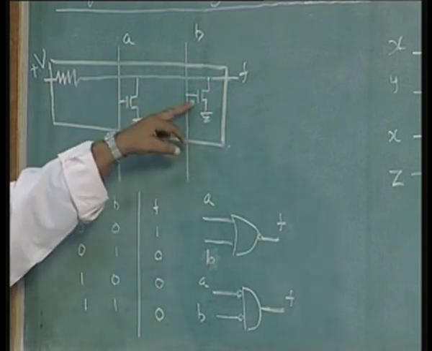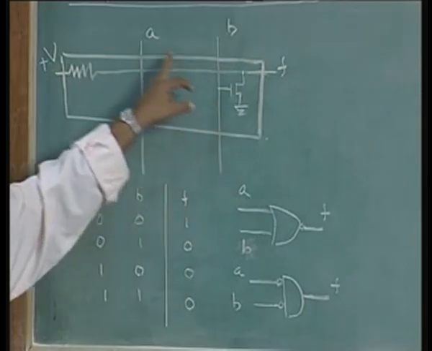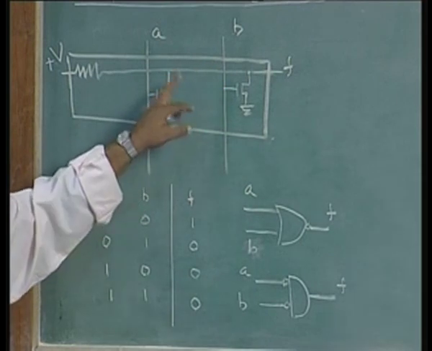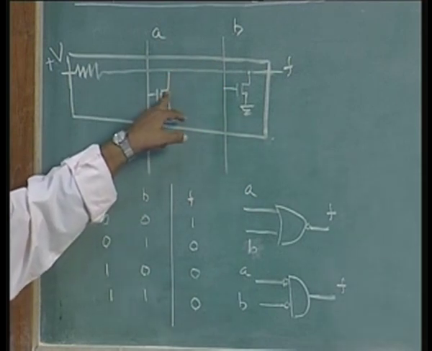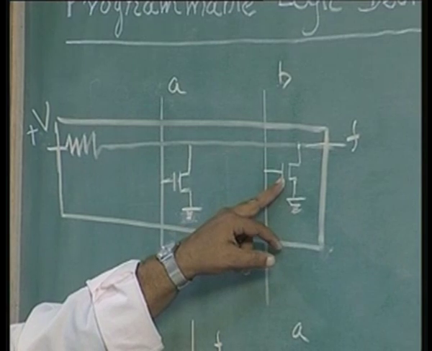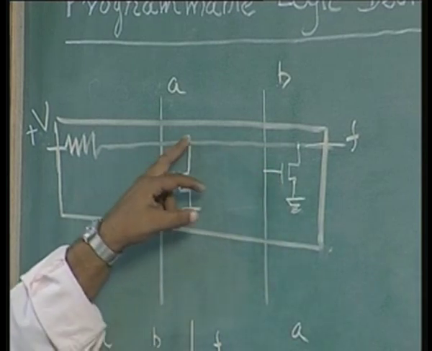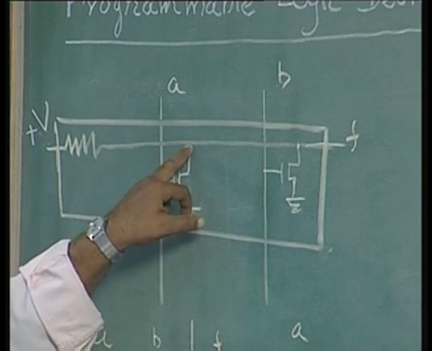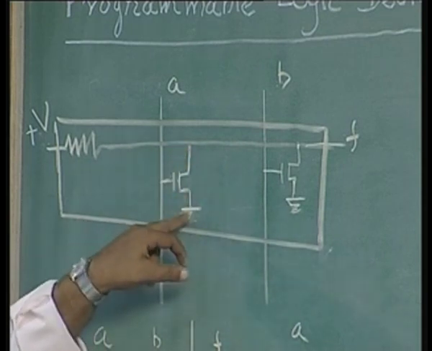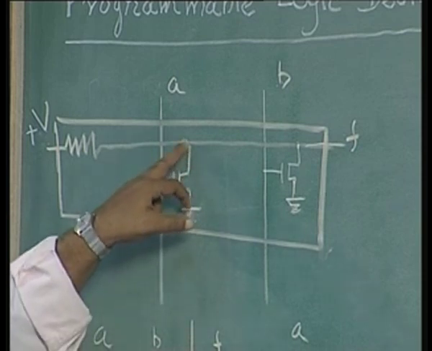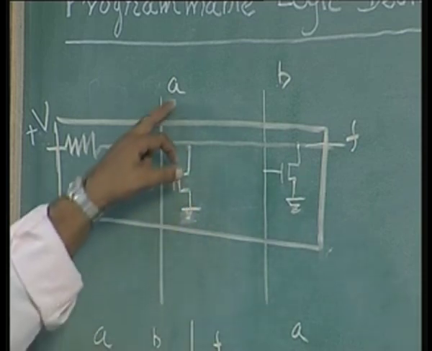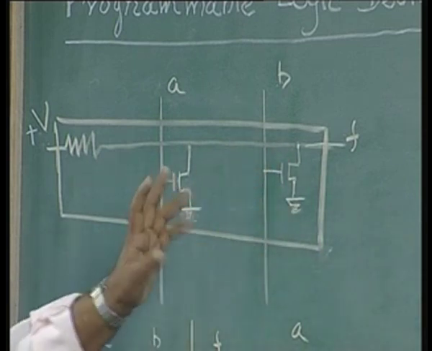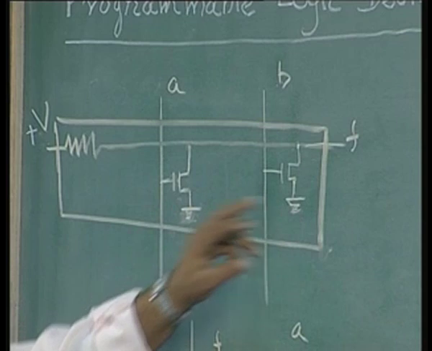Even when one of these devices is on, either because A is high or B is high, whatever is the case, as soon as one of these devices is on, there will be a ground path, because the bus line is connected to ground through the device. If A is on, if B is on, the bus is connected to ground through this, and when both are on, of course, it is going to be connected to the ground.